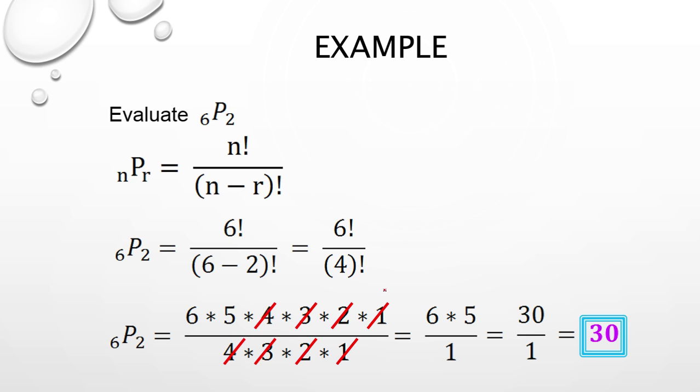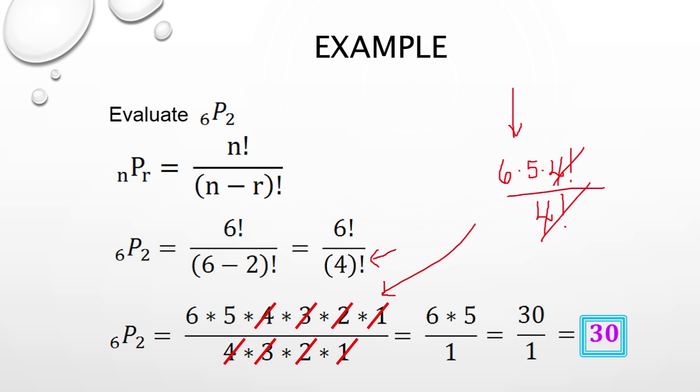In this step right here, I'm going to show you a quicker way. Writing 6 times 5 times 4 times 3 times 2 times 1 divided by 4 times 3 times 2 times 1 can be time consuming. So on top, you could have just rewritten 6 times 5 times 4 factorial over 4 factorial, and then crossed these out. To know when to stop, you keep writing the numbers going down until you reach the smaller number, which is 4 this time.